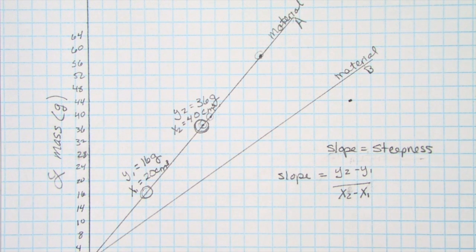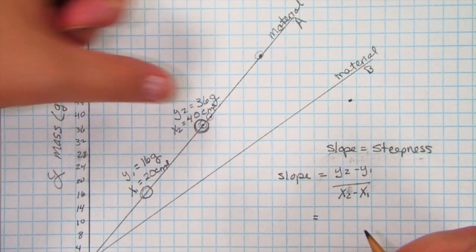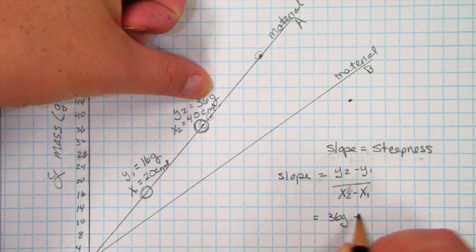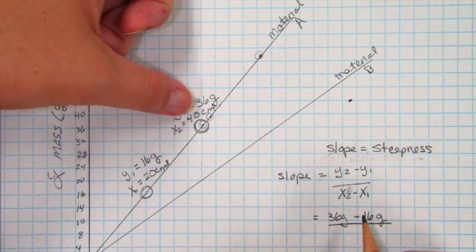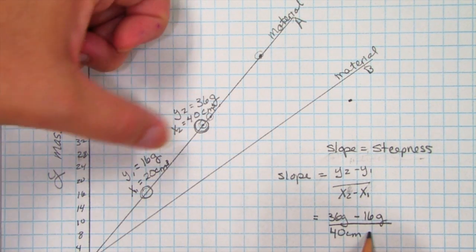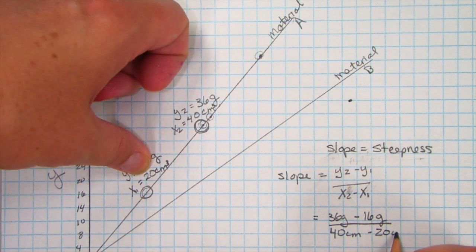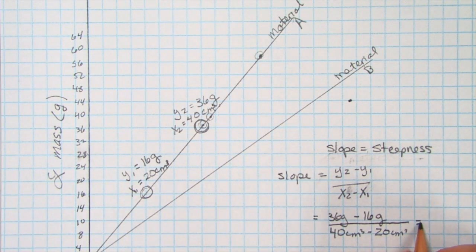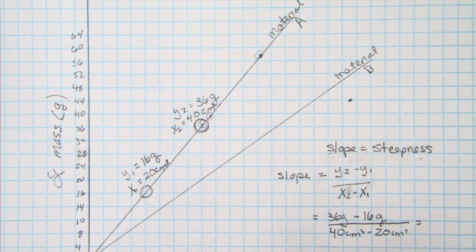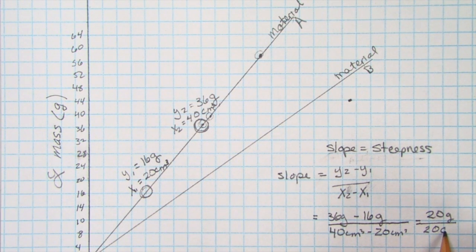So now I have 2 points identified on my graph, and I'm ready to put it into my formula. So y2 is 36 grams, minus y1 is 16 grams, divided by x2 is 40 centimeters cubed, minus x1, which is 20 centimeters cubed. And I simplify. 36 minus 16 is 20 grams, and 40 minus 20 is 20 centimeters cubed.